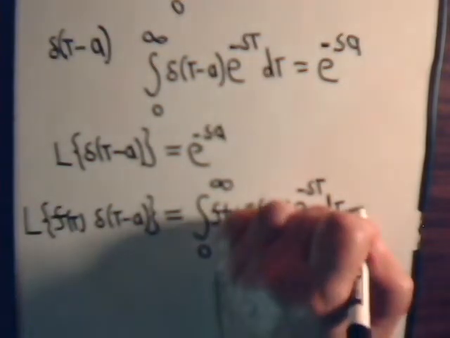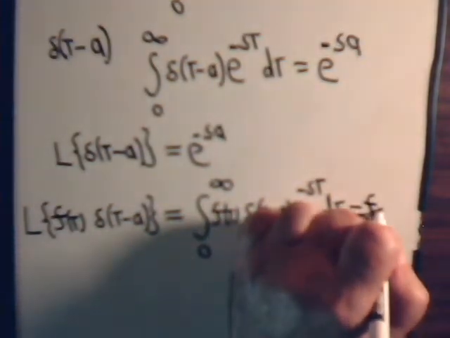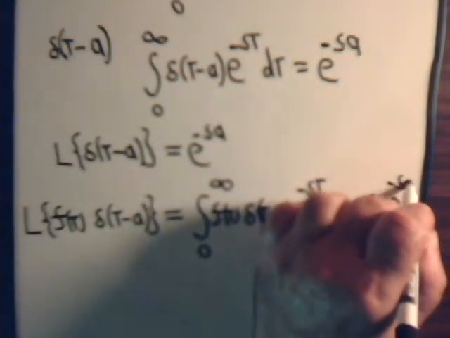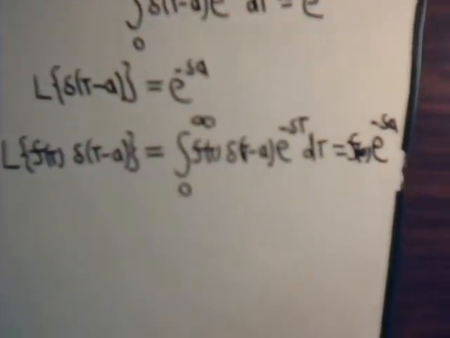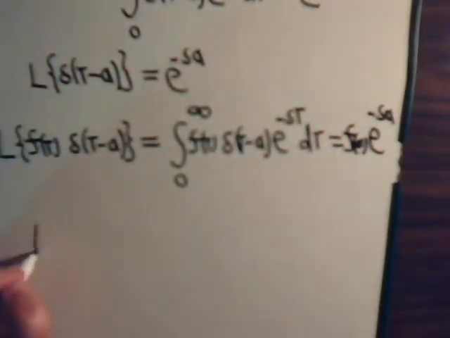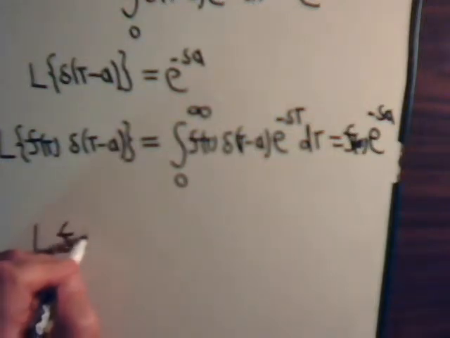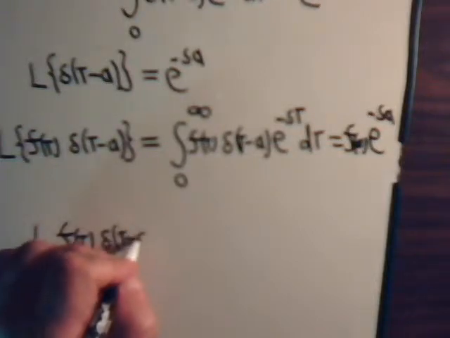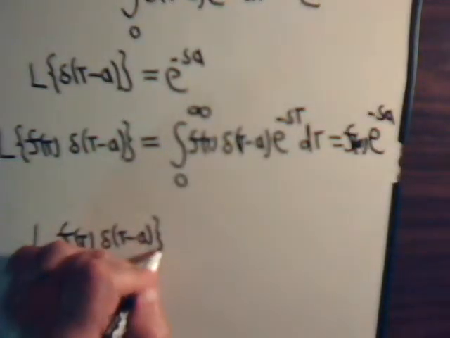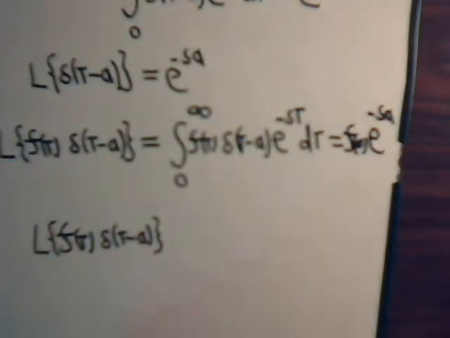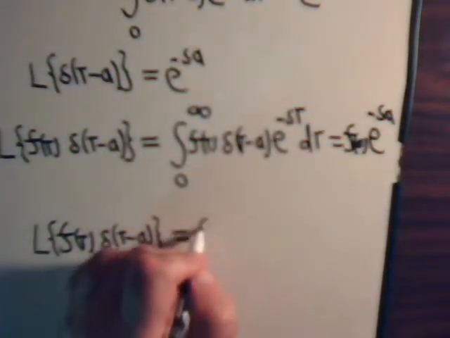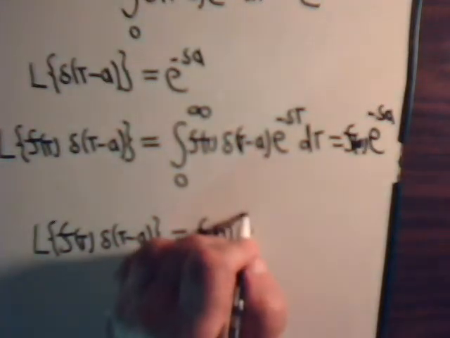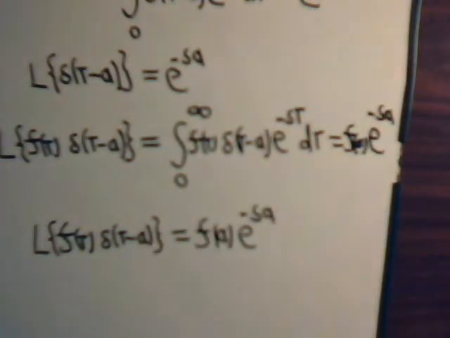So this will just give us f of a e to the minus sa. So we have that, let's write it over here, the Laplace transform of f of t times the Dirac delta function equals f of a e to the minus sa.